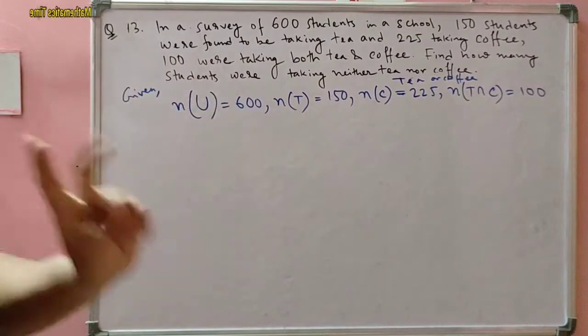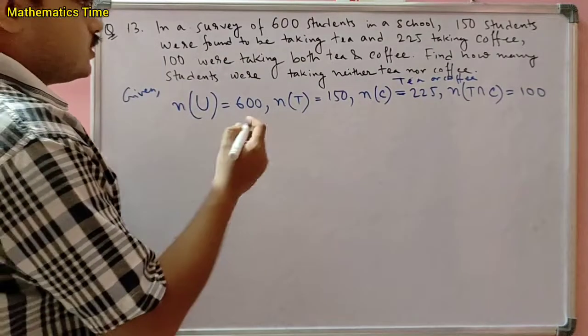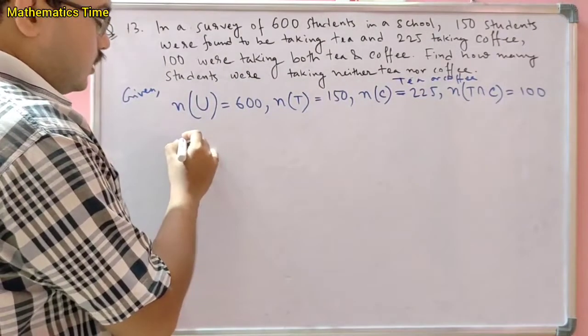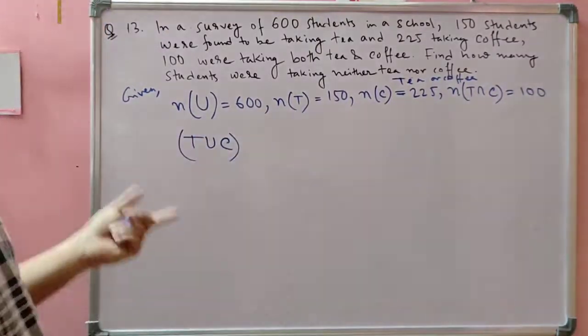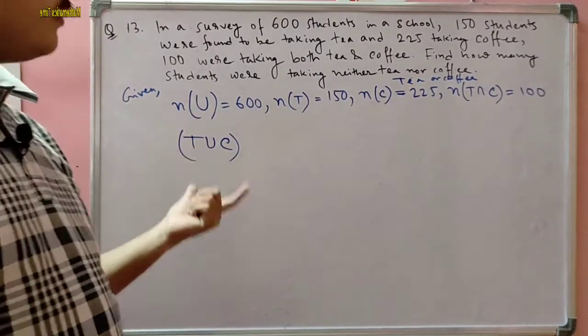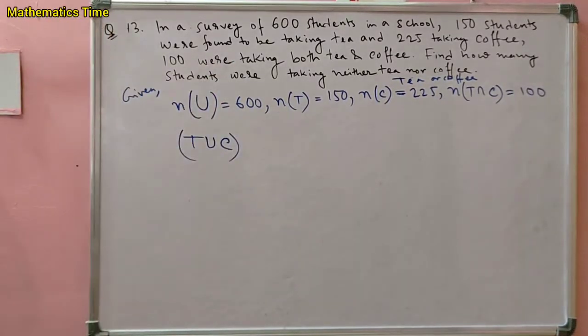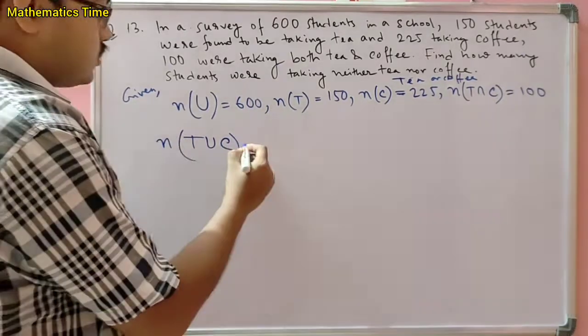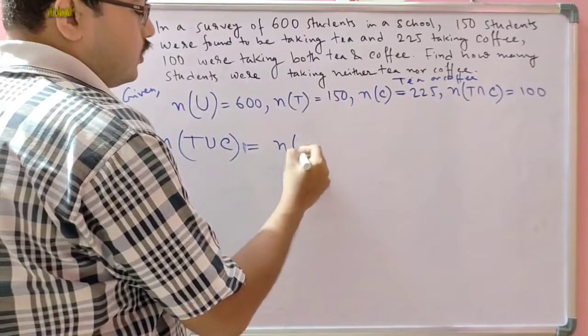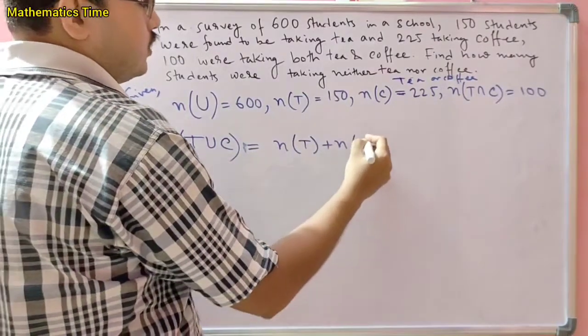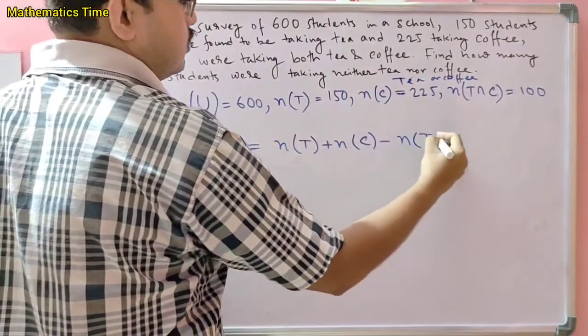The set T union C contains the students who take at least one of tea or coffee. So the number of elements in T union C, by formula, is n of T plus n of C minus n of T intersection C.